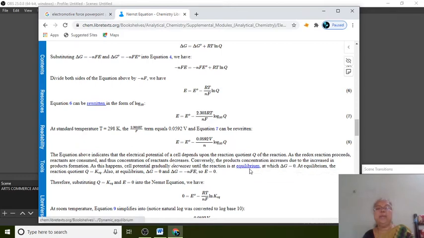And remember well, at equilibrium condition, delta G is equal to 0.